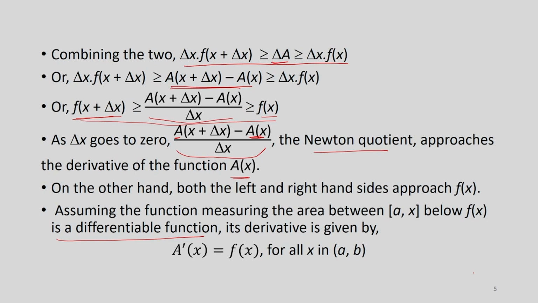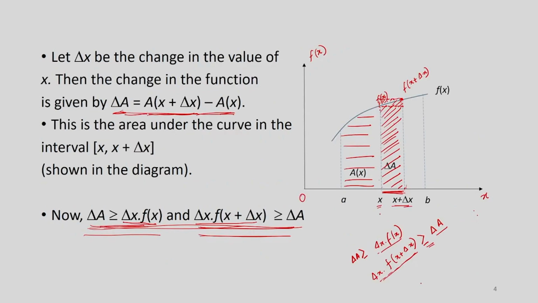Now, if it is differentiable, then this term will become equal to A prime of x, that is A dashed of x, and that will be equal to f(x), because f(x) is what the first term and the last term are approaching as delta x goes to 0. And this will be correct for all x in the interval a to b. Remember, just to remind you, x is always in this interval. It is not greater than b nor less than a.